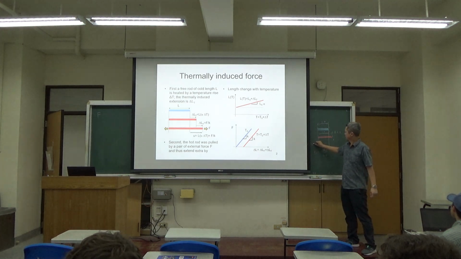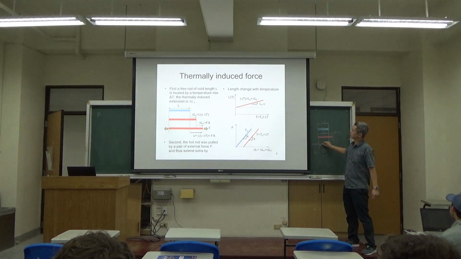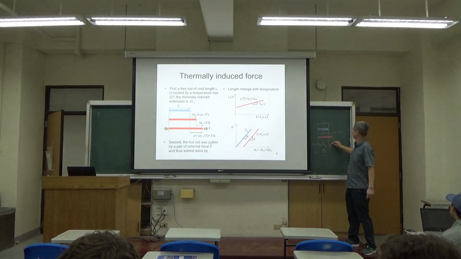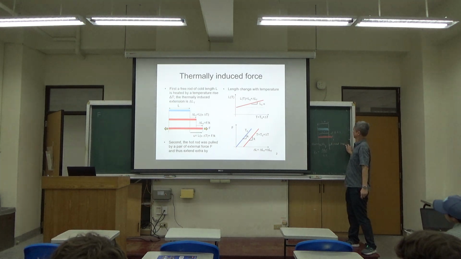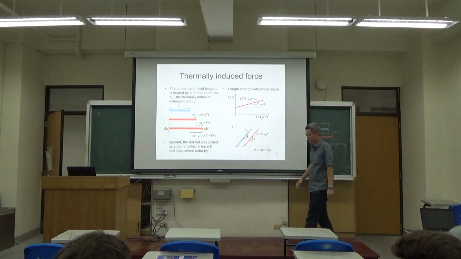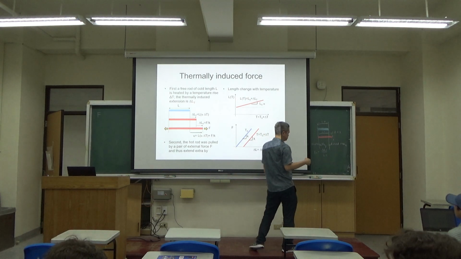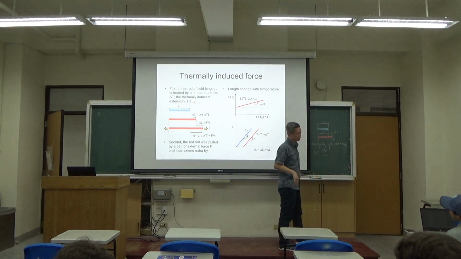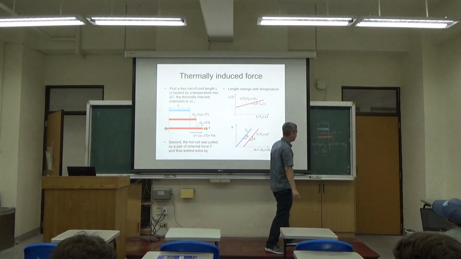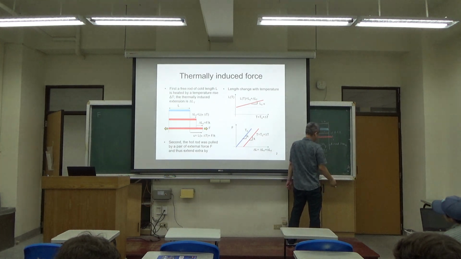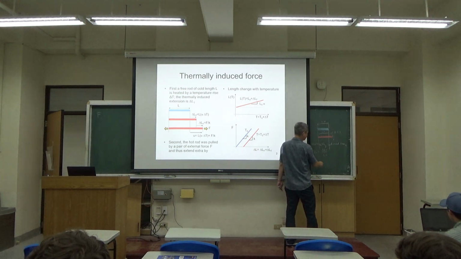So you can now define thermal strain. This is what you call thermally induced strain. On top of that, you want to further define it. You can say how much is strain per unit temperature rise.